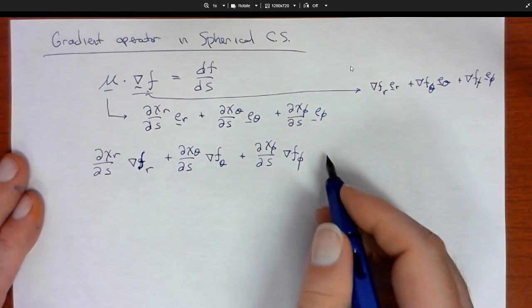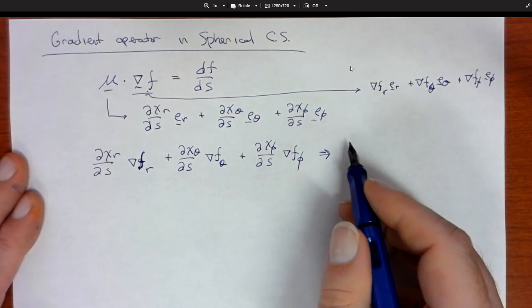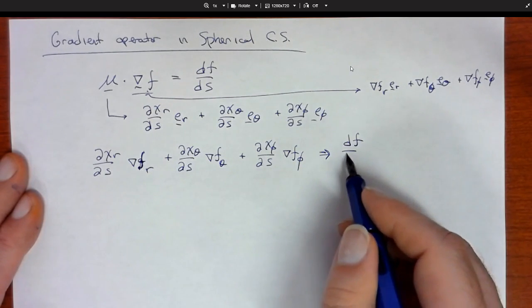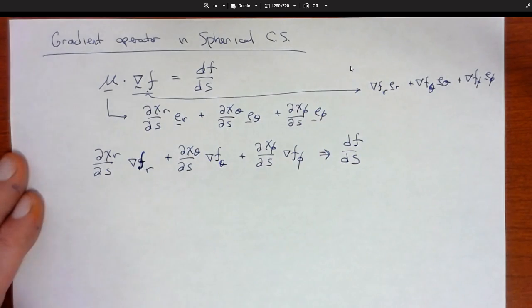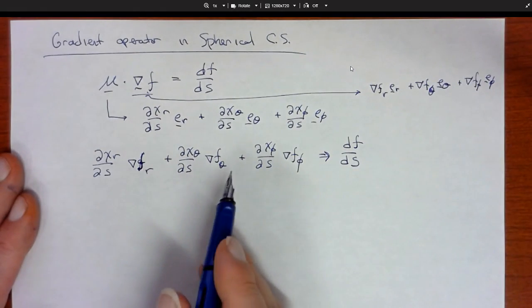And this all is going to give me df/ds. So we want to find these such that it works out.